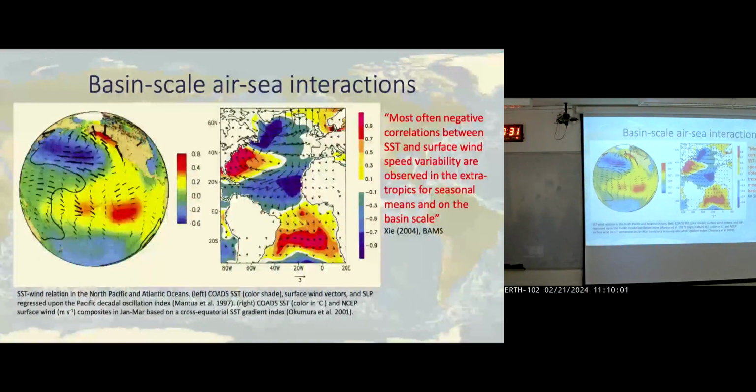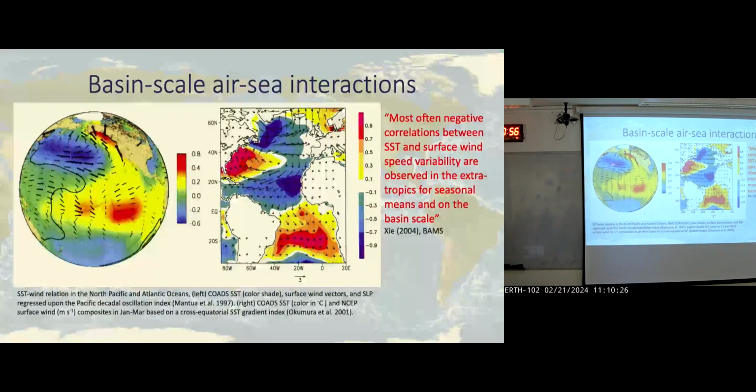In terms of their interactions on large scales, when we look at basin-scale air-sea interactions, what we see is that surface wind and sea surface temperature are negatively correlated. So here we have wind and sea surface temperature anomaly.